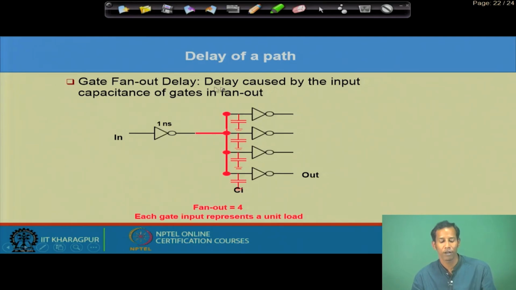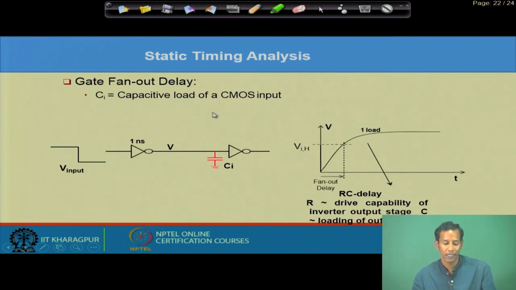The gate fan out delay is caused by the input capacitance of the gates in the fan out cells.